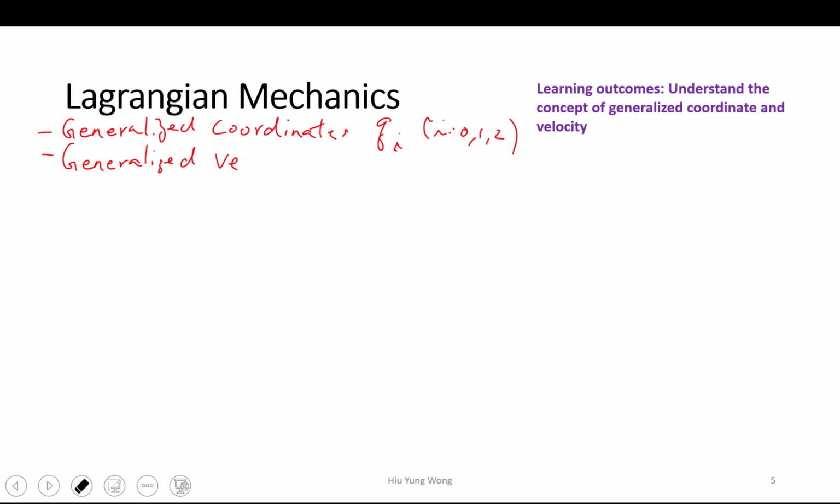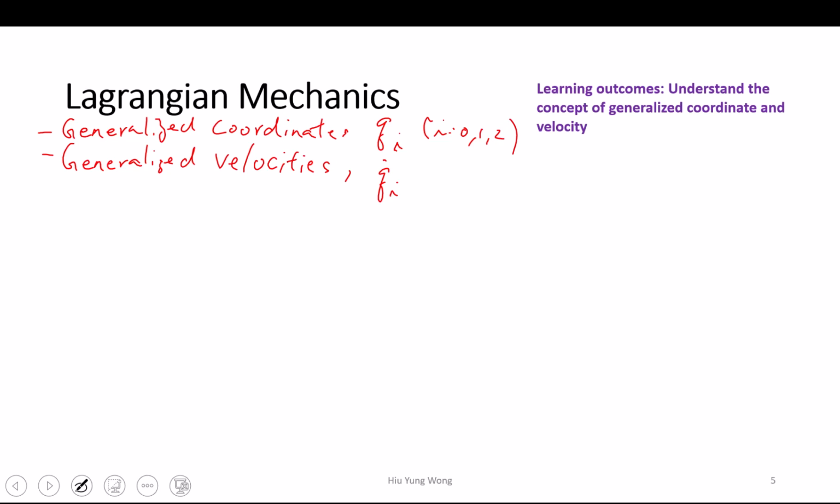These are the basic variables, or independent variables, in this framework. Of course, we also know what velocity is. Velocity is just the rate of change of your position. So naturally, we will say this must be qi dot.